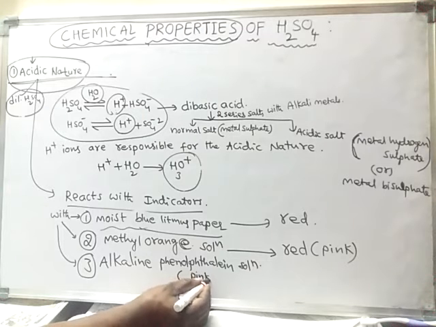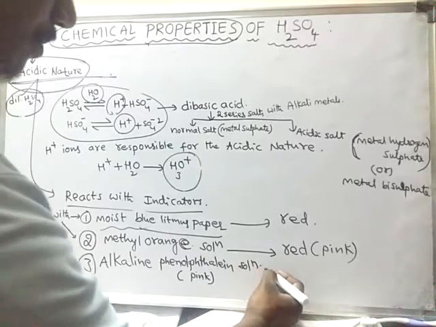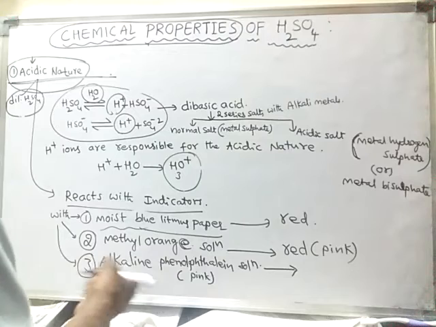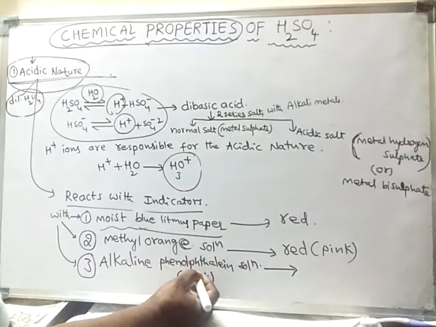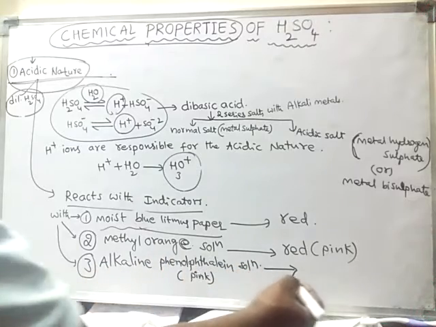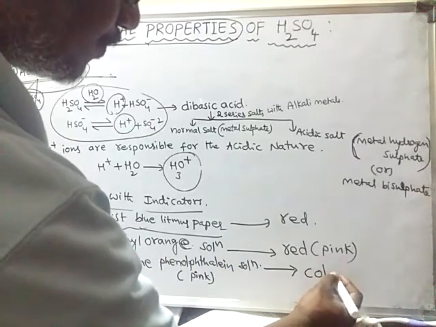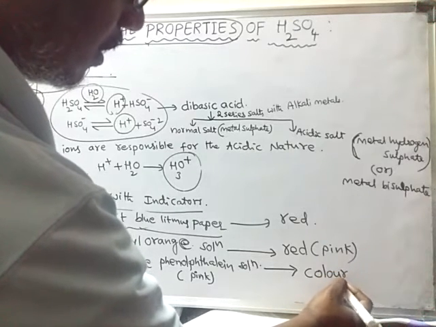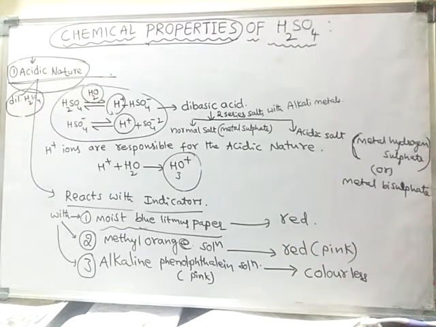When this pink colored solution comes into contact with dilute sulfuric acid, what happens? The pink color will disappear, and the solution will turn colorless. That means it loses its pink color.